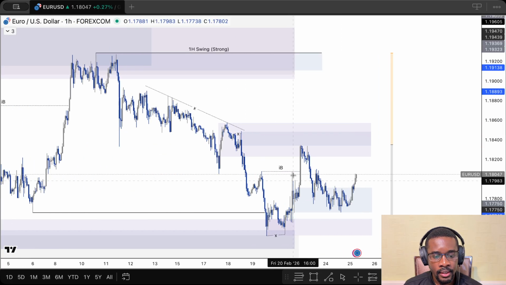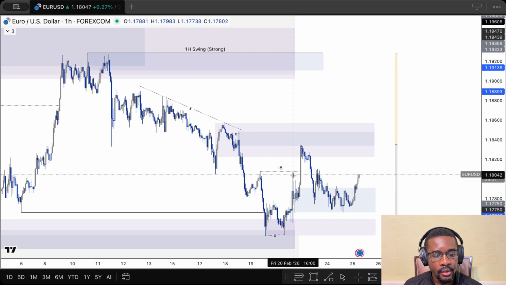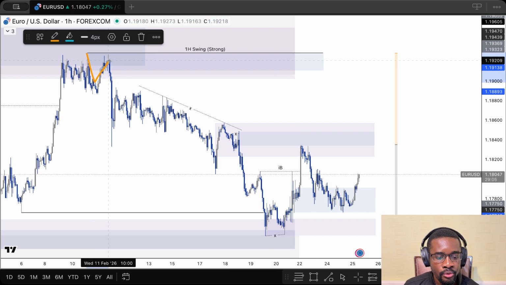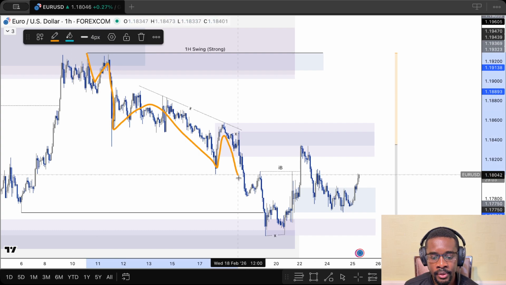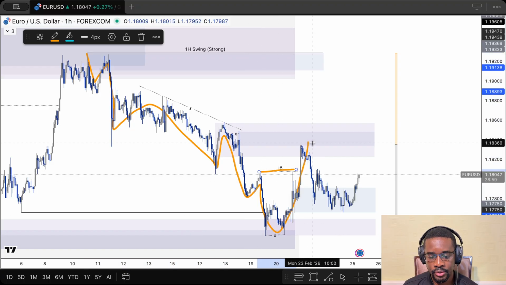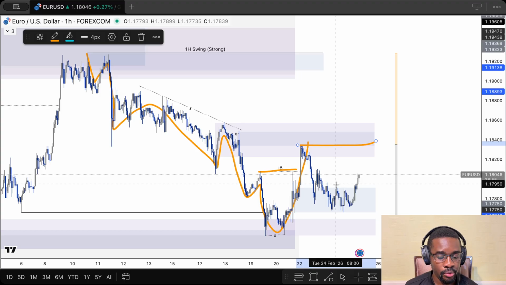And then internally, we've been pulling back, pulling back, and then internally we have now shifted bullish, possibly to facilitate the swing pullback.